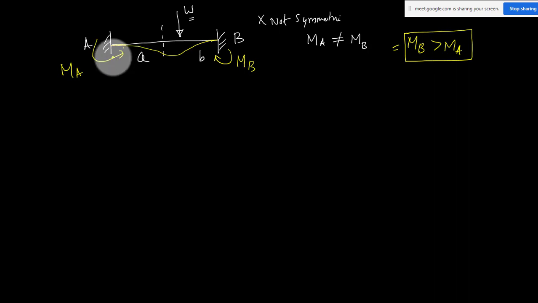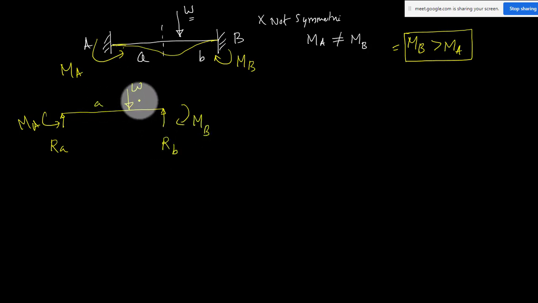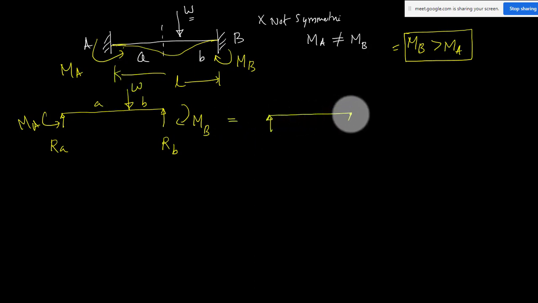First you draw the free body diagram for the beam. You take the fixed beam. So I have two reactions, RA and RB. Now I have a fixed end moment MA, and I also have the fixed end moment MB, and I have some loading. This distance is A and this distance is B, and the total span is L. A plus B is L. Now this is equal to, I'm going to follow the same procedure.